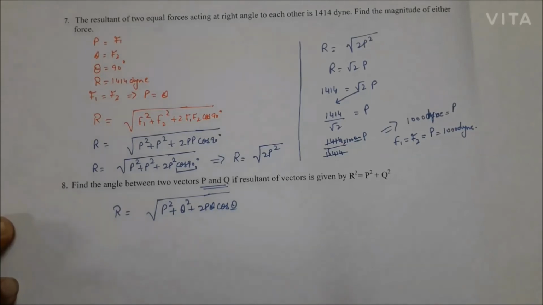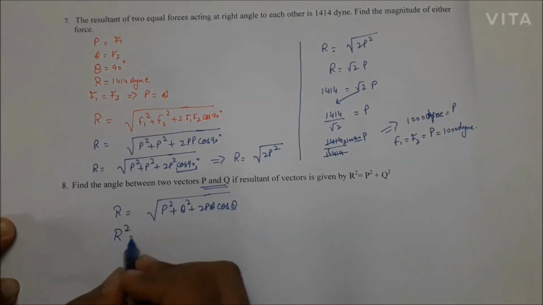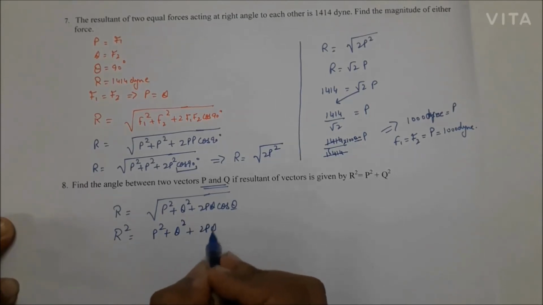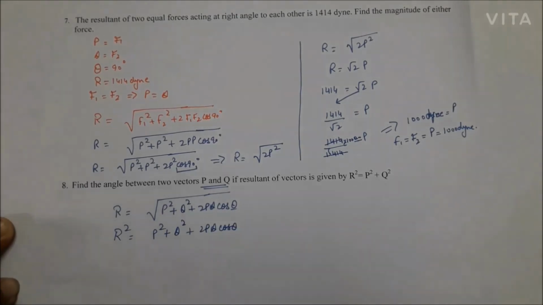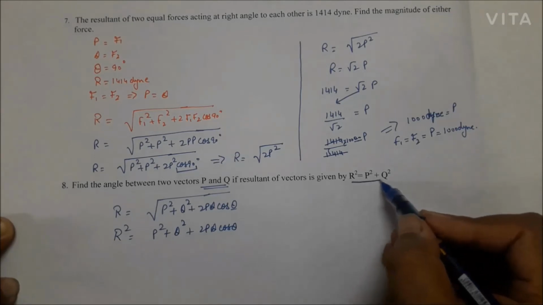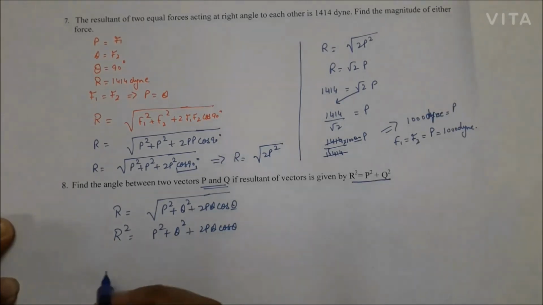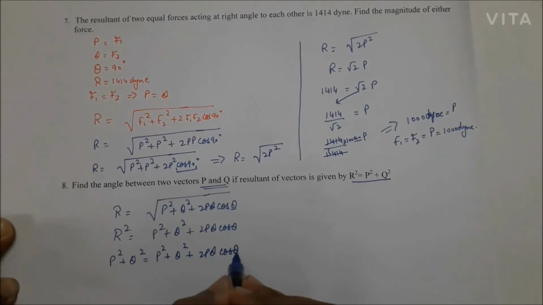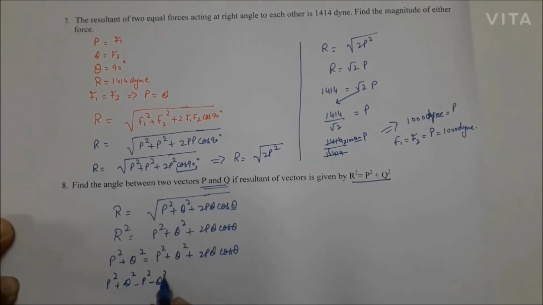So squaring both sides, you will get R square is equal to P square plus Q square plus 2PQ cos theta. Now also the value of R square is given to you, that is P square plus Q square. Substitute here. P square plus Q square is equal to P square plus Q square plus 2PQ cos theta, and P square plus Q square minus P square minus Q square is equal to 2PQ cos theta.